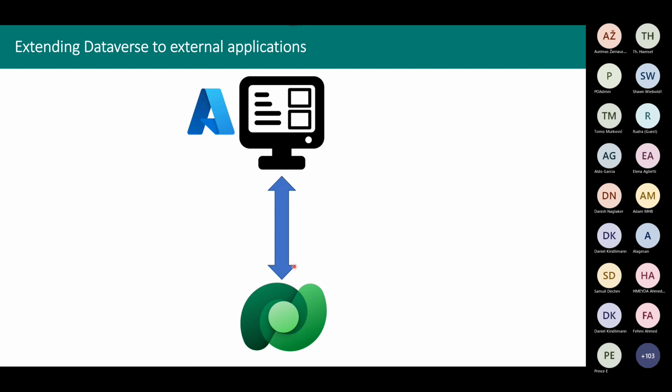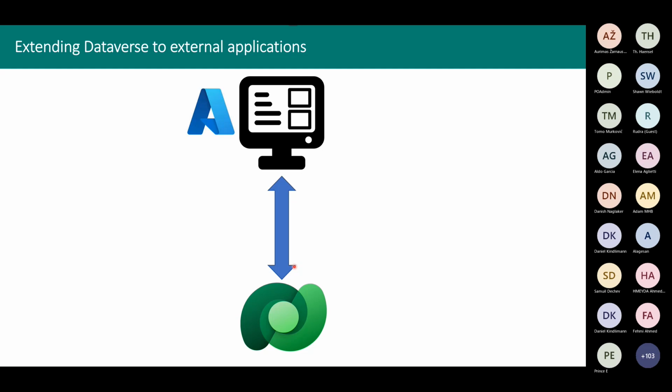in both ways. So I would like that when something happens in my Dataverse environment, and when I say something happens, I mean not only entity changes, but a business process happens, an event in Dataverse happens, or something like that, I want to notify or send information to an external application that can take the context of this event and do things.